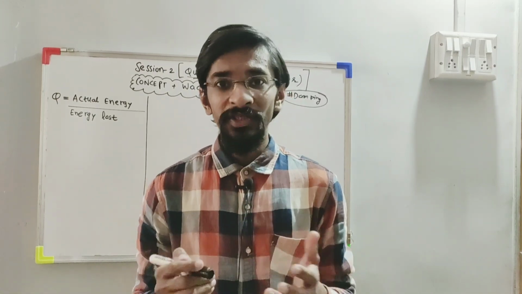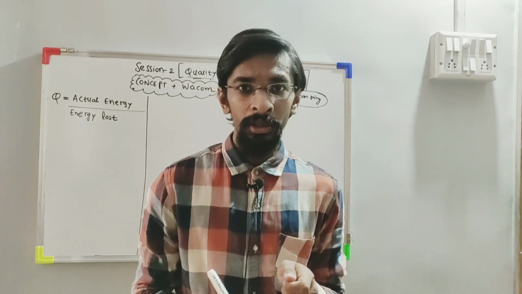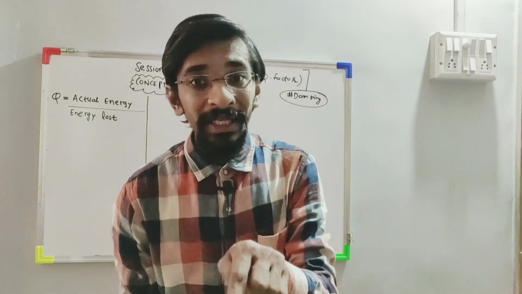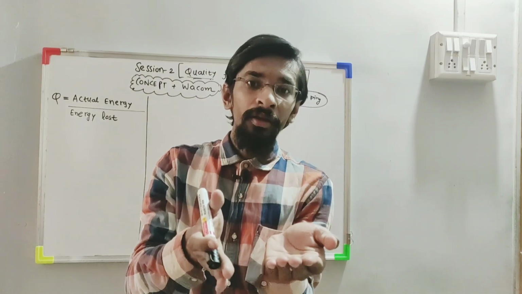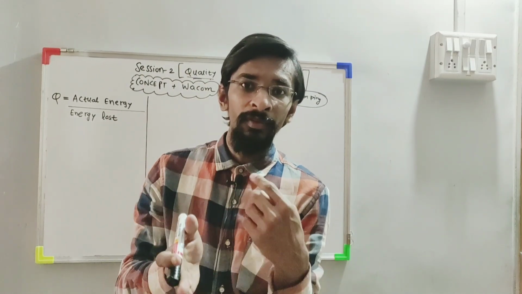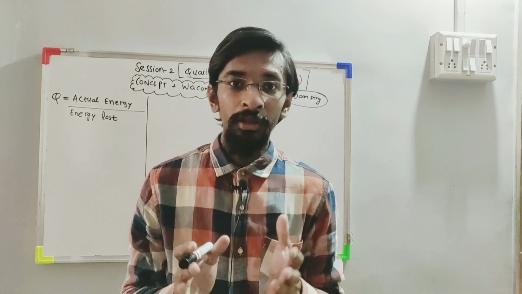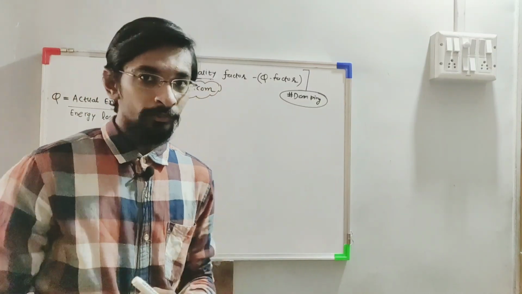Because we require these parameters to work it out with that particle. If I want to hit that particle when it has the energy of 22%, at what instant after the start of oscillation will it have 22% of energy? All those kinds of quantification can be done using this very important factor, which is the quality factor.